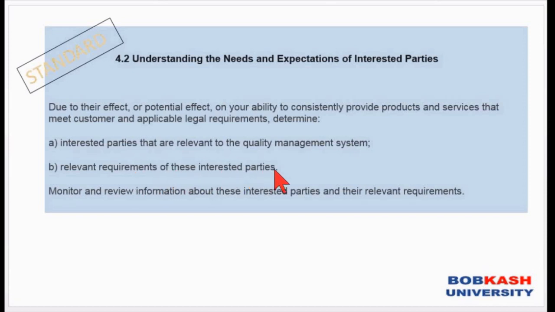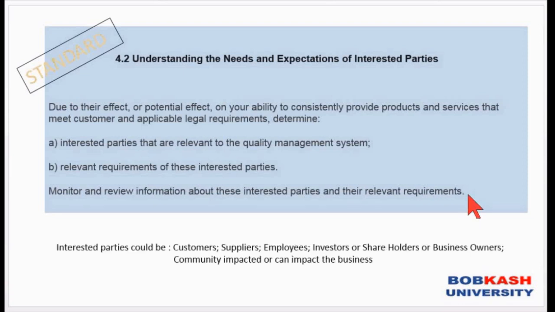So in point A, you have to identify such parties which affect or can affect your organization's performance, and B is what are their requirements. The organization also must monitor and review information about these interested parties and their relevant requirements.